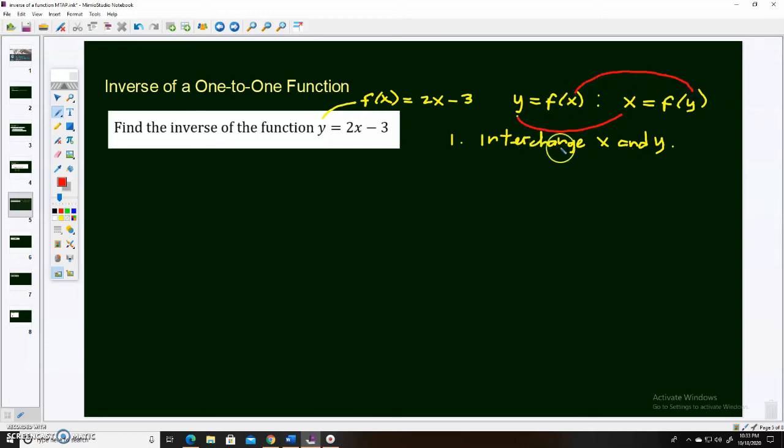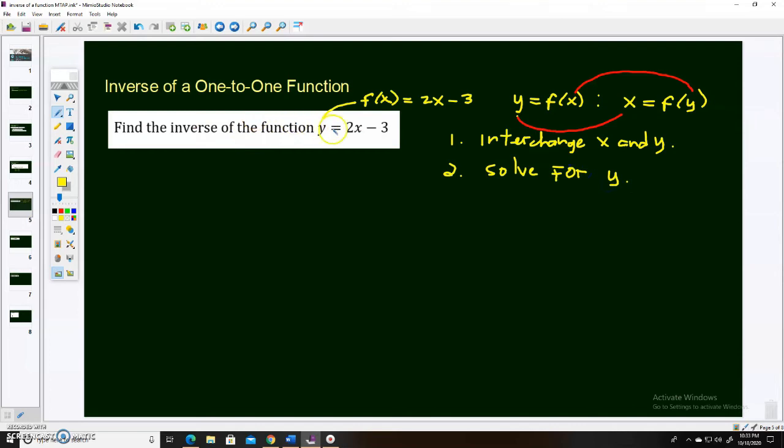That's the first step, reversing the roles of x and y. This is the inverse function itself in its implicit form. To solve it explicitly, we solve for y after interchanging the variables.